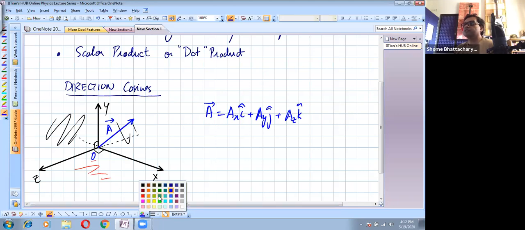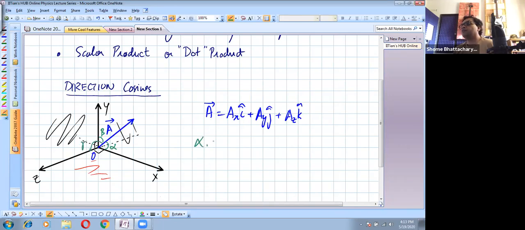First of all, we say that the angle with respect to the x-axis, we denote it with the symbol alpha. The angle with respect to the y-axis, we denote it with the symbol beta. And the angle with respect to the z-axis, we denote it with the symbol gamma.